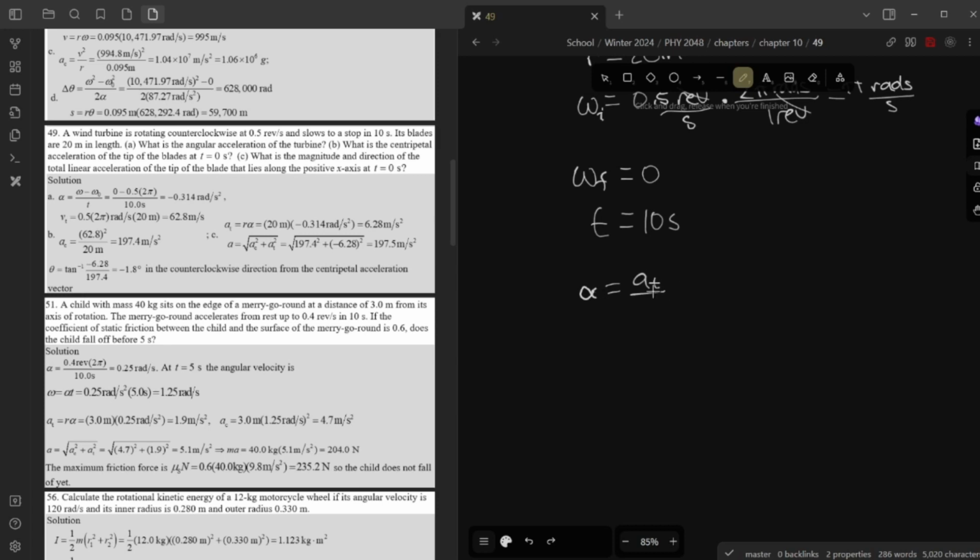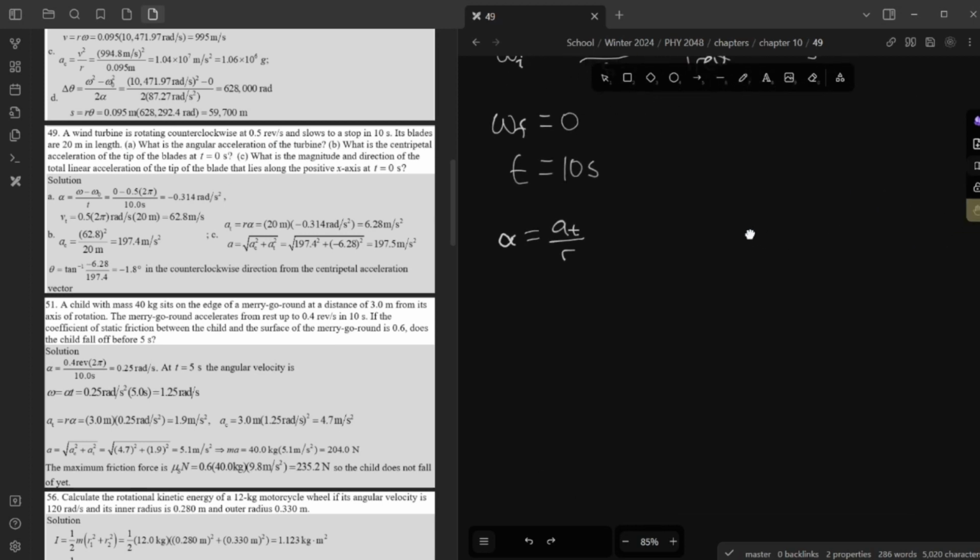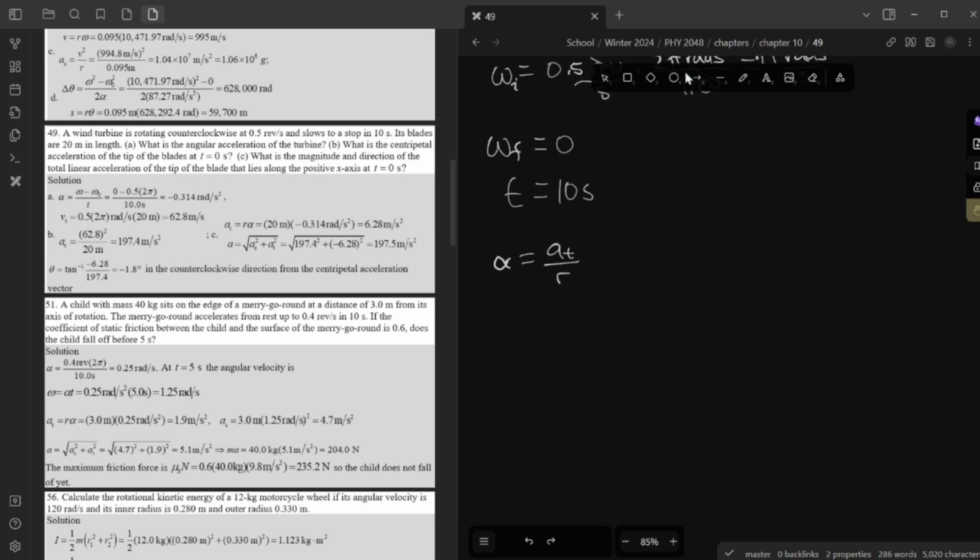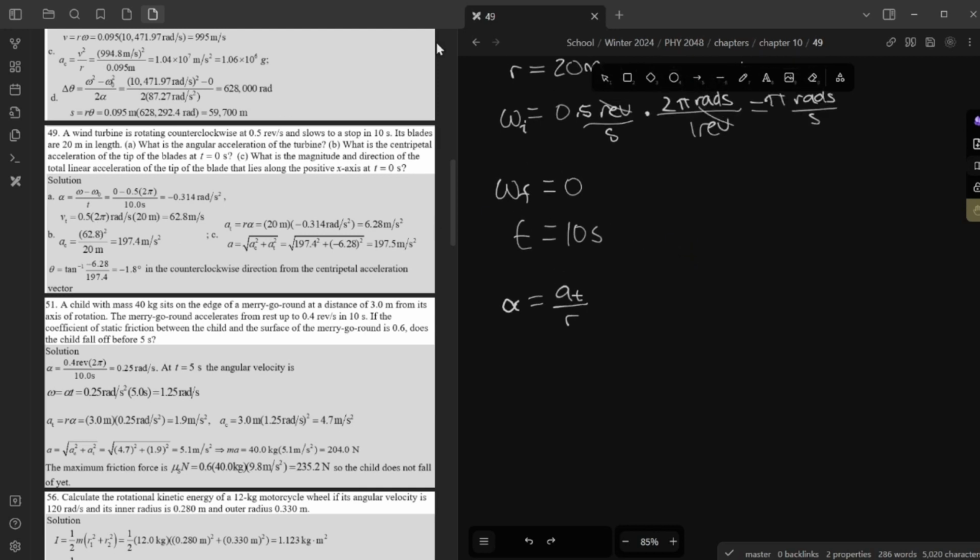So if you want to get alpha, it would be your tangential acceleration divided by r. It's asking for your angular acceleration, so we're going to have to find alpha. And to do that, we need to get tangential acceleration.